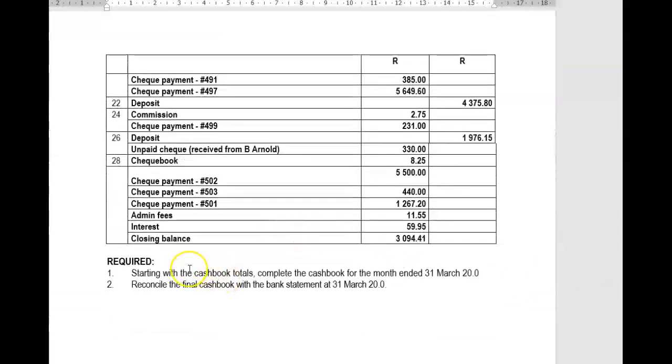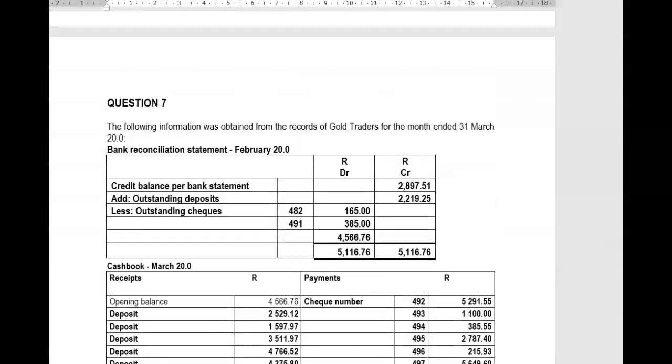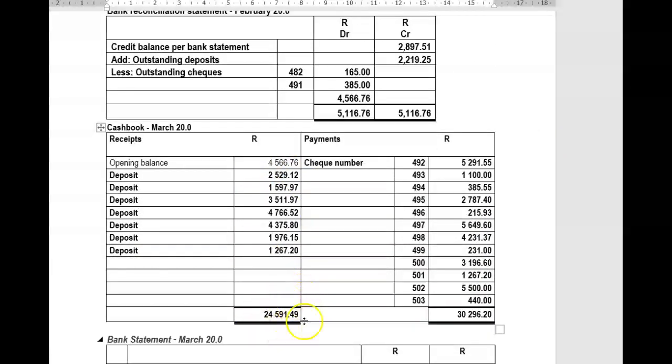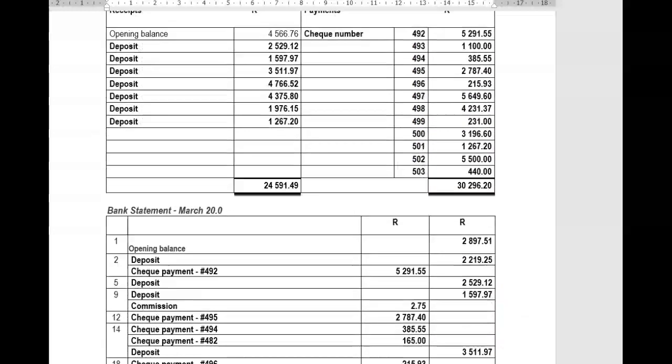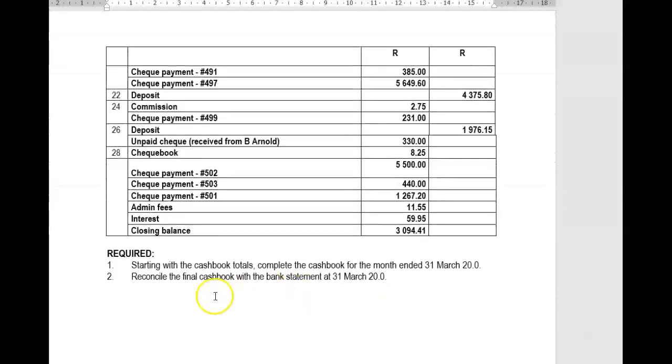And I want you to say, starting with the cash book totals, complete the cash book for the month of March. Now that means you have an opening balance, you're going to have receipts for the month, you're going to have payments for the month, and that is going to be your final balance as in your bank account, ledger account.